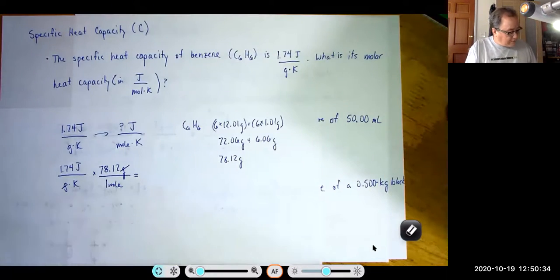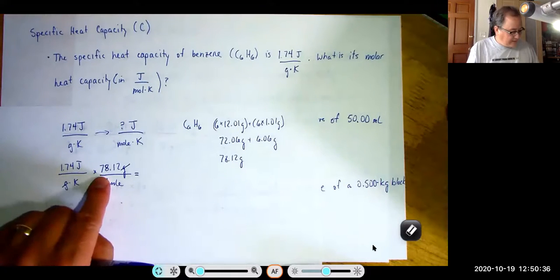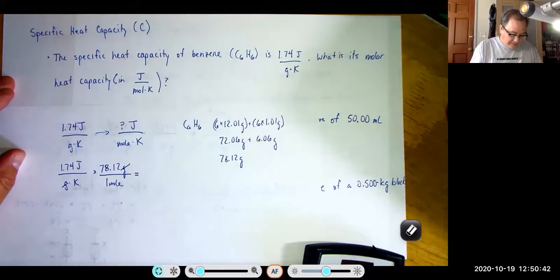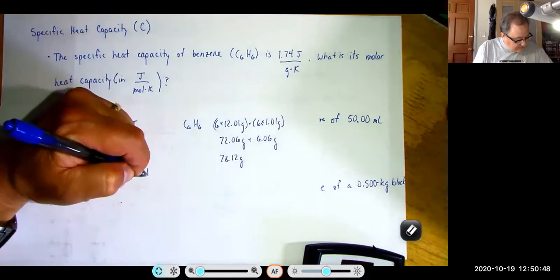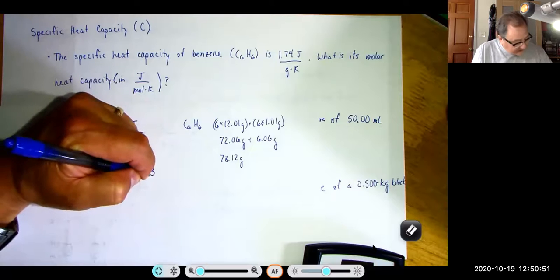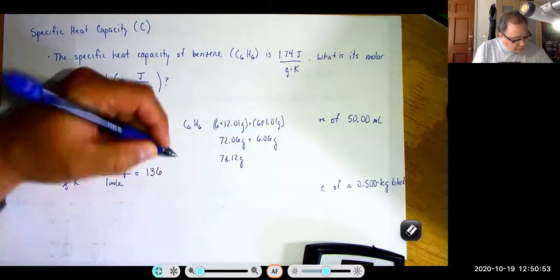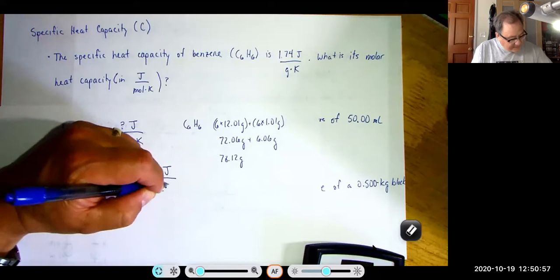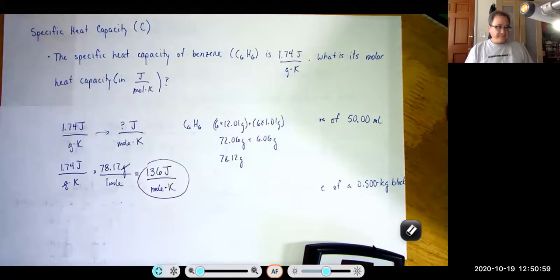And roughly we have 2 times 70, which is going to be around 140-ish. So 1.74 times 78.12, and we get 136 joules per mole K. So that's how we do that problem.